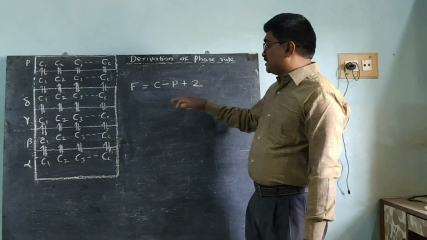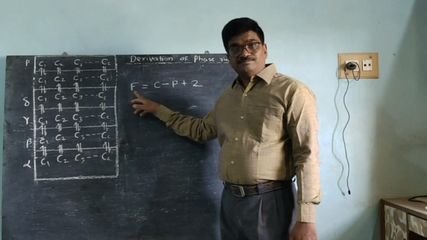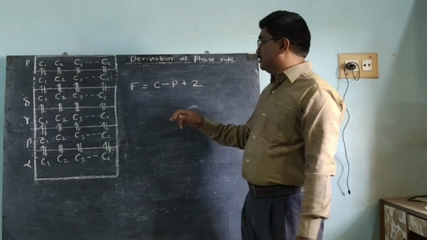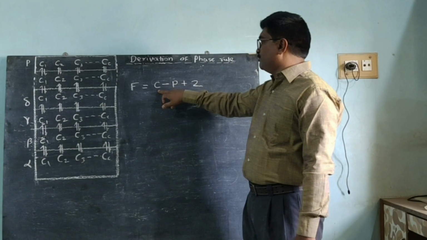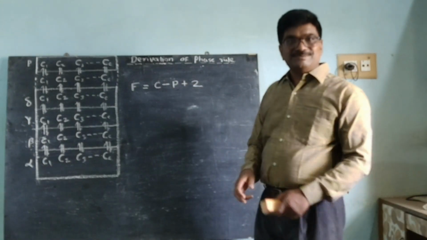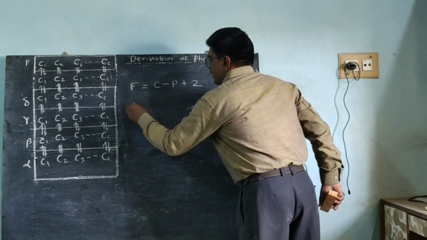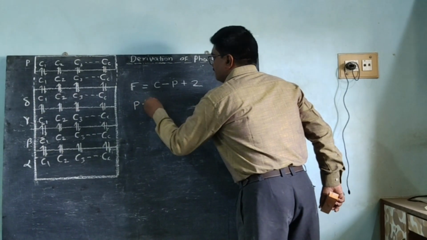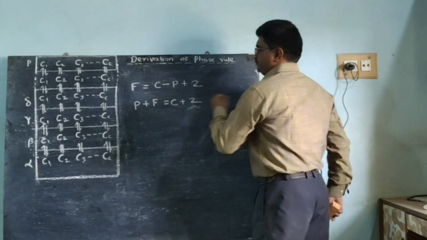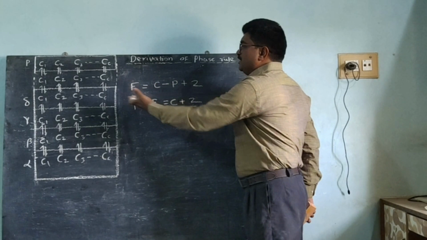Now this rule states that the number of degrees of freedom always exceeds the difference between the number of components and the number of phases by 2. Or if we write this relationship like this, P plus F is equal to C plus 2. We just transpose this P to this side.